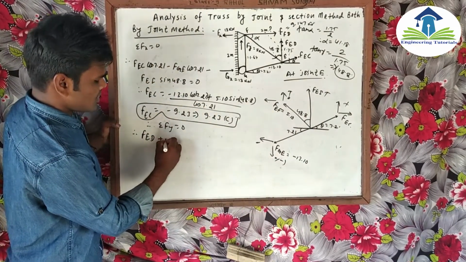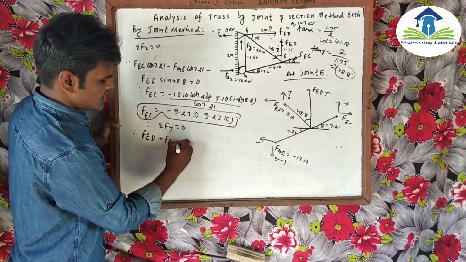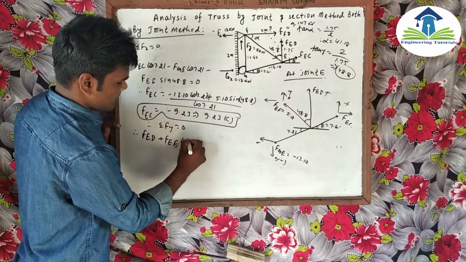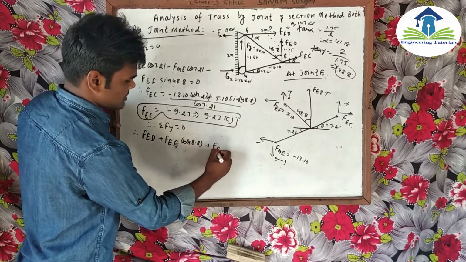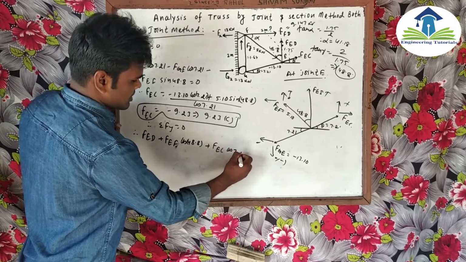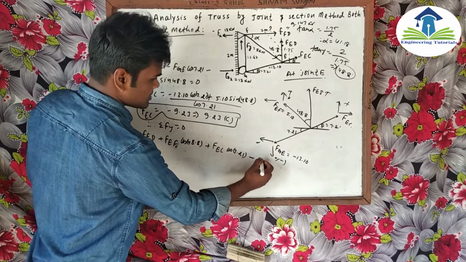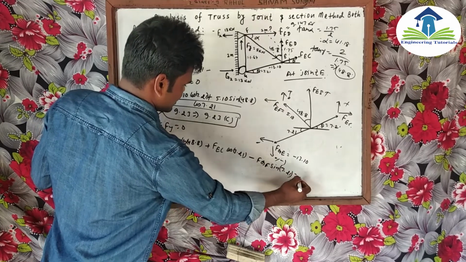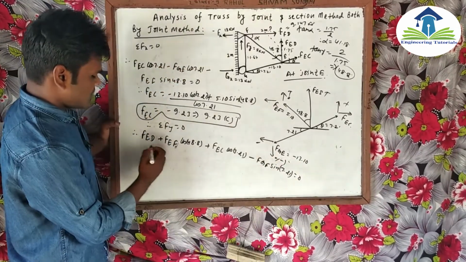So FED cos 48.8 plus FEC cos 7.21, then minus FGE sin 7.21 is equal to 0. This is negative.